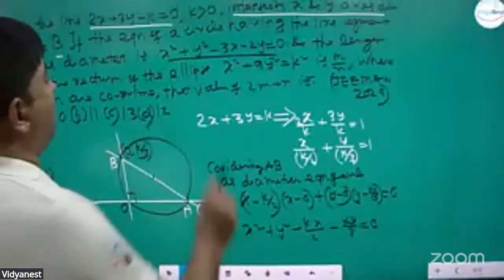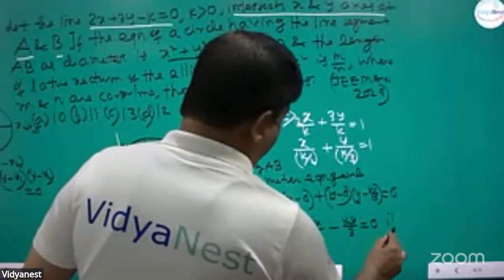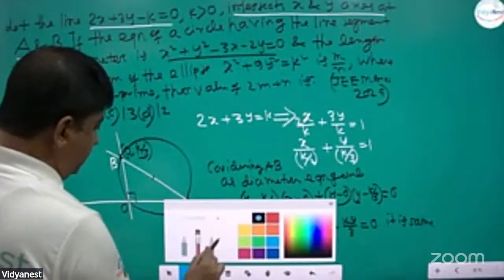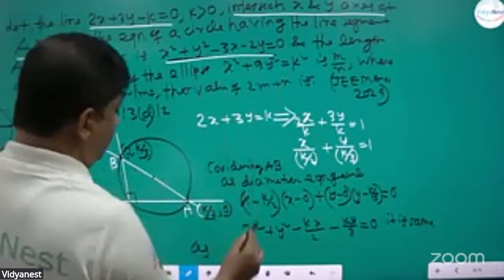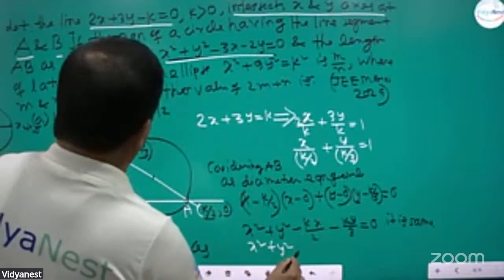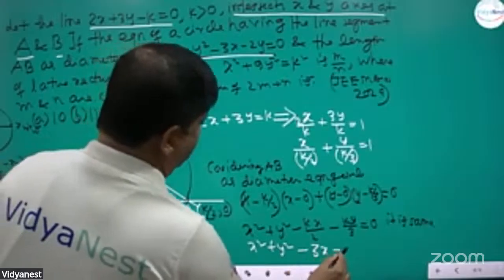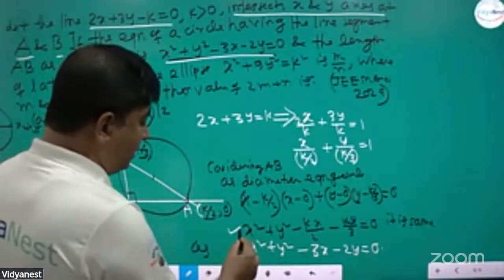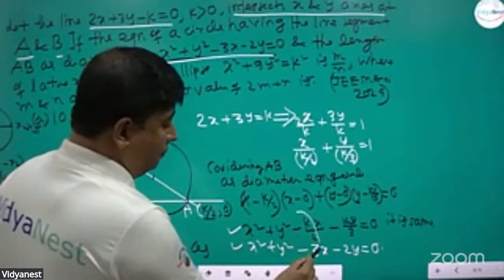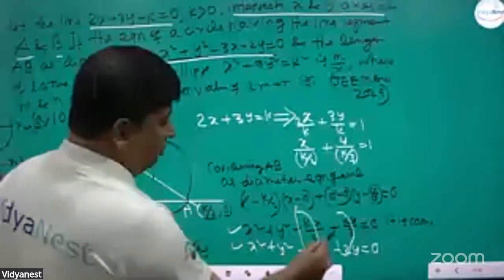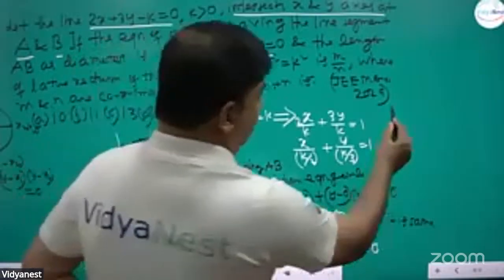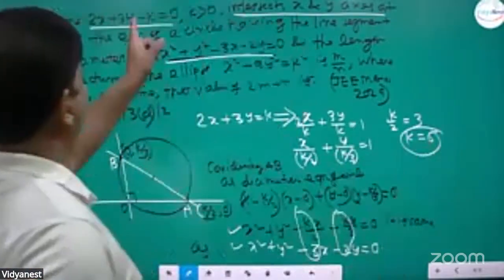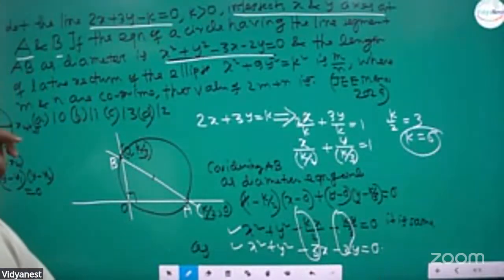That is comparable to what? It is same as what is given in the question: x square plus y square minus 3x minus 2y is equal to 0. So these two circles are same, so their coefficients must be equal. You take this or this. K by 2 is 3. K is 6. So that unknown term K has become known to us.